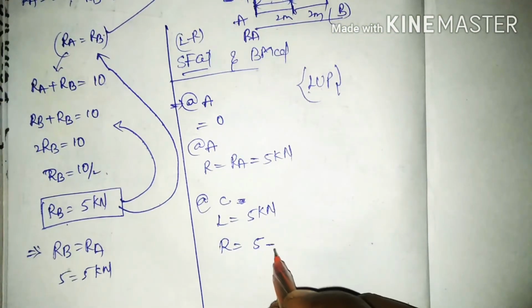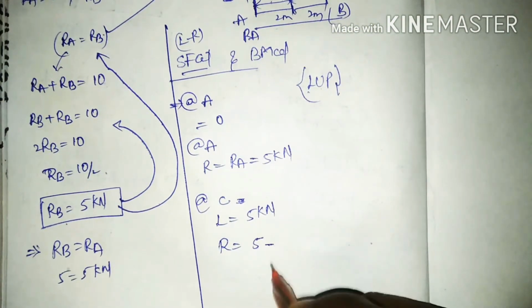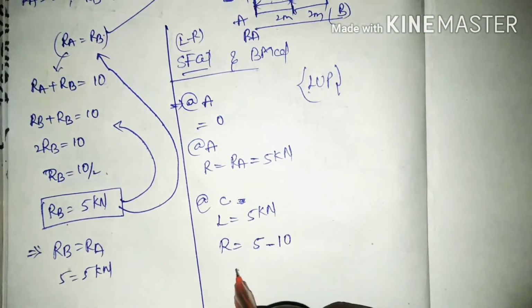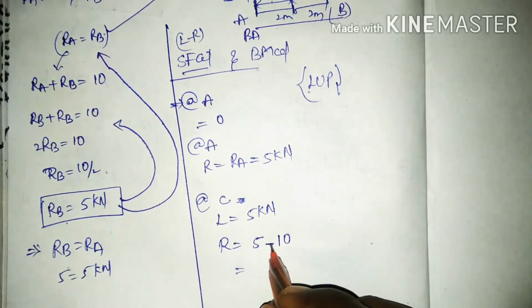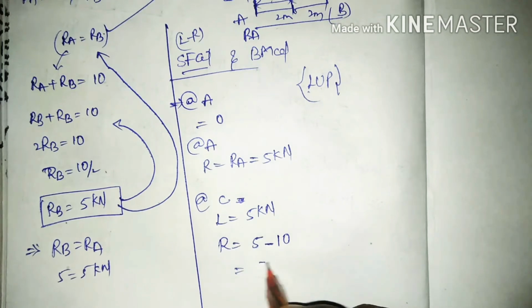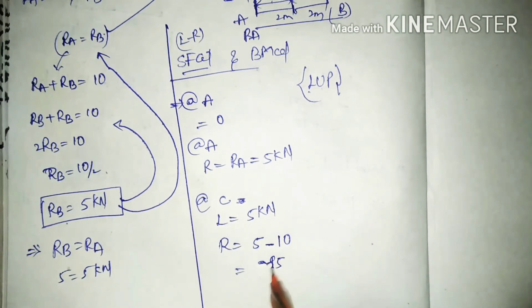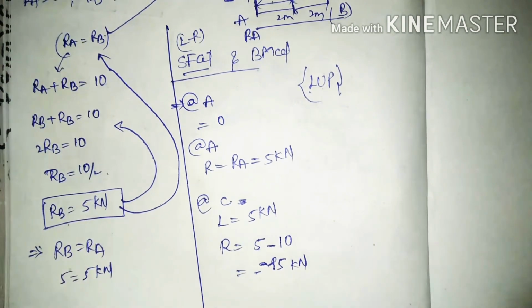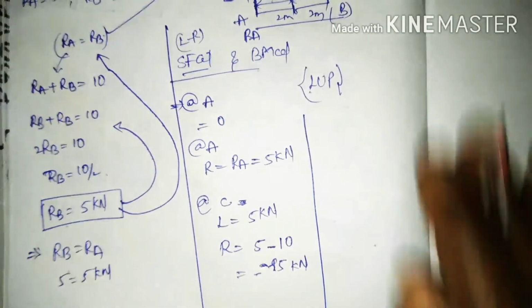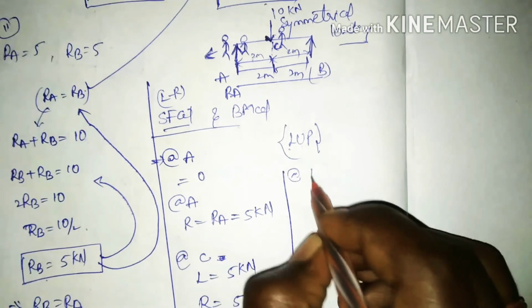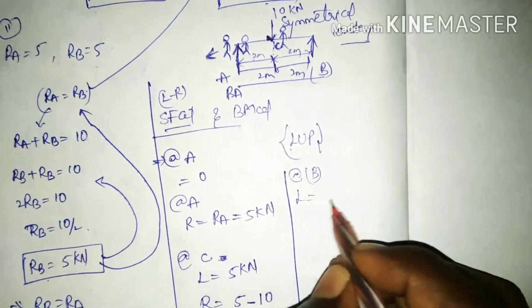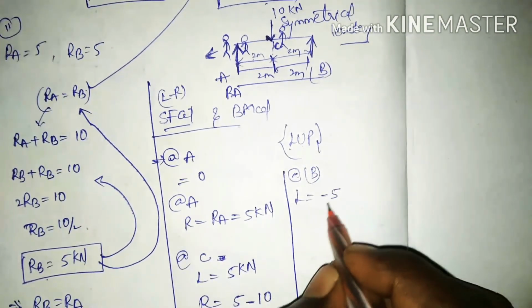Suddenly a downward force is acting with a magnitude of 10, that is downwards, negative, so it goes to minus 5 kilonewtons. Thereafter at B, to the left it is continuing with minus 5.